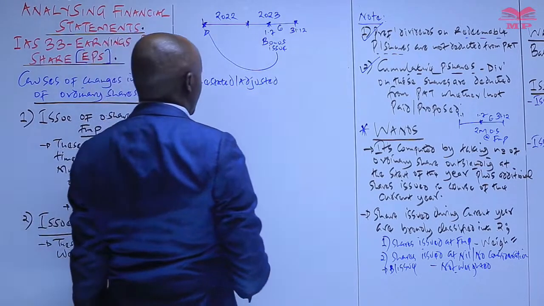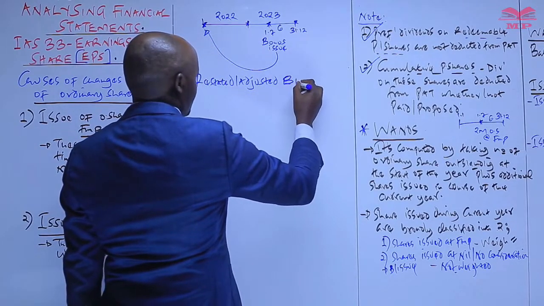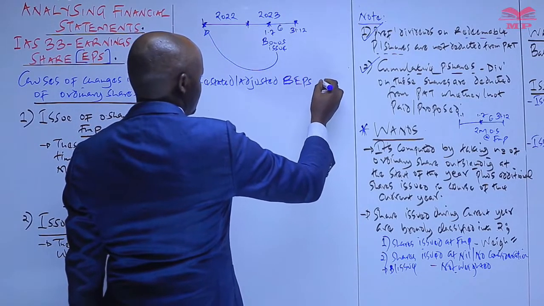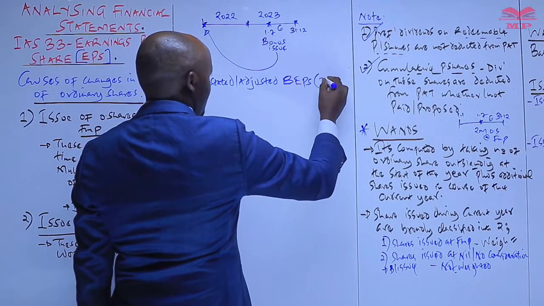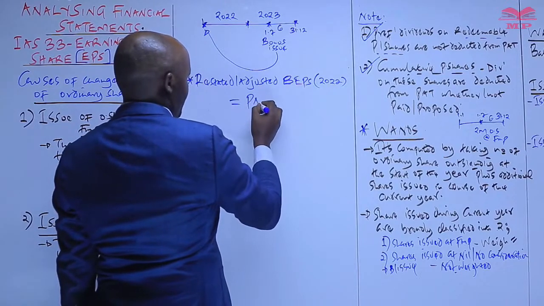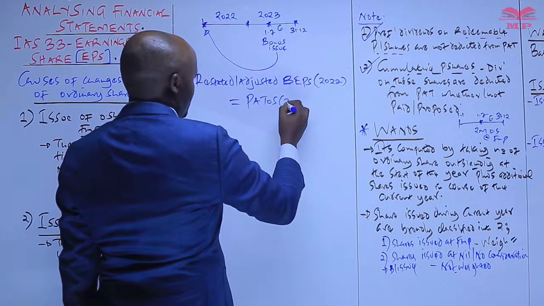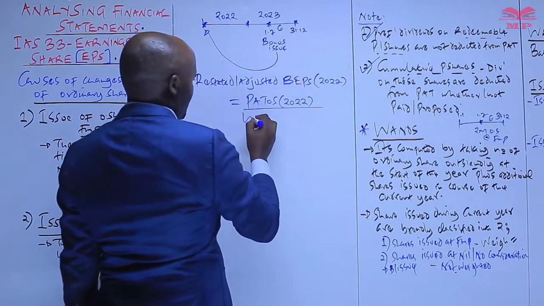So how do we compute this adjusted or restated earnings per share? That is the basic earnings per share of the previous year, the year 2022. We take the PATOS, the profit attributable to ordinary shareholders for 2022, and divide that by the number of ordinary shares.